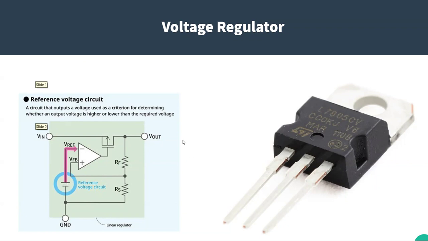So if this was, say, a 12-volt regulator, that would be a 12-volt Zener, and you'd be comparing the output to that 12 volts in this comparator. So whenever the output was lower, you're going to increase the current flow and increase the voltage. So it's acting like a variable resistor in this case.